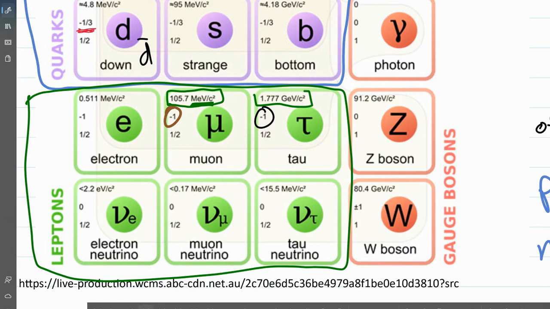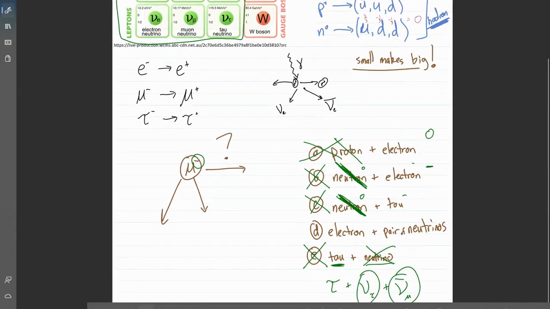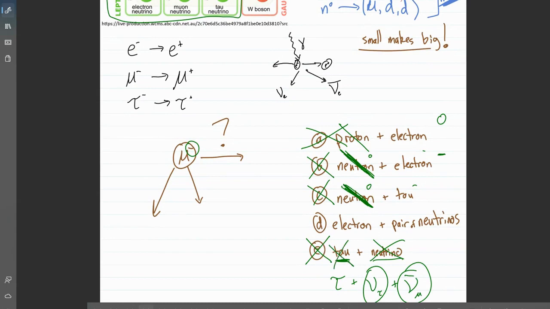But then a tau particle is 1.77 giga electron volts per c squared. Giga means times 10 to the 9. Mega means times 10 to the 6. So this is almost 1,000 times bigger than a muon. So since a tau particle is bigger than a muon by almost 1,000 times, it can't be a tau particle that it turns into. So we definitely just have this one left.